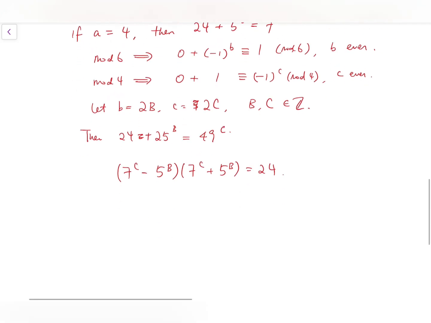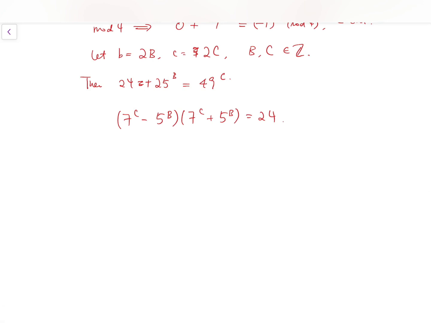Now since we have used the difference of squares identity and the left hand side is of the form a plus b times a minus b, these two expressions have the same parity. So there are not many choices for solutions. One is positive, so the other must be positive. And so we can only have 12 times 2 or 6 times 4.